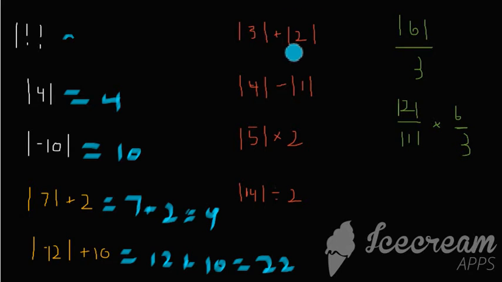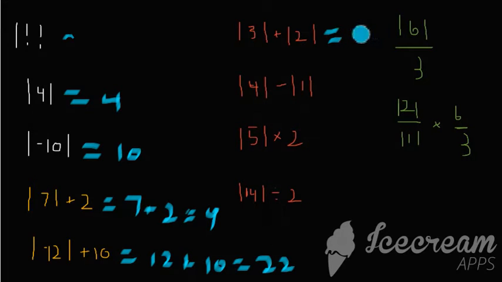But then we started doing this over here, which was stuff like absolute value of 3 plus absolute value of 2, which is basically 3 plus 2 if you take away the absolute value signs here. And then that's 5.